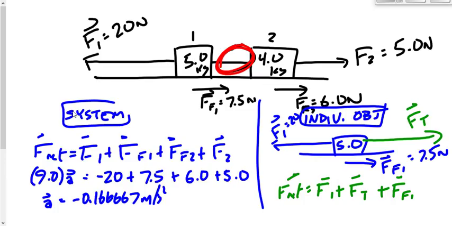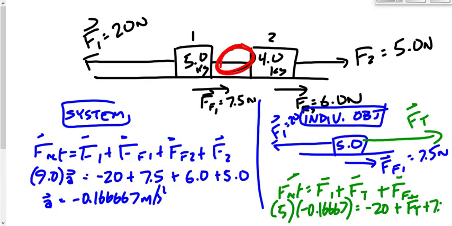We're going to say 5 times, I'm not going to forget to put the acceleration this time, right? 5 times negative 0.16667. F1 is negative 20. FT is what we're looking for. And FF is positive 7.5. So let's take that number, 0.1667 times 5. We get negative 0.833.